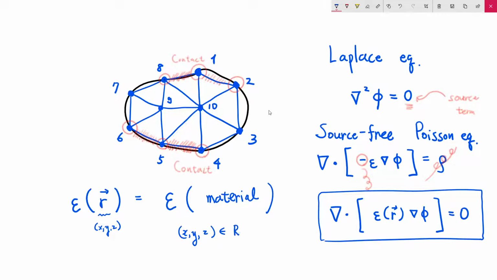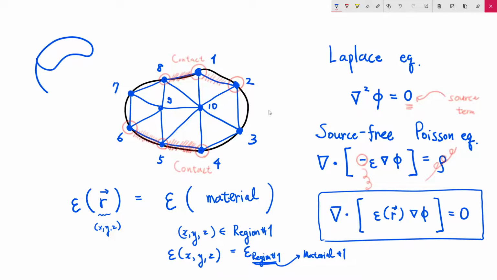So, if a certain position x, y, z belongs to a certain region number 1, then epsilon at x, y, z will be the epsilon of region number 1. And if region number 1 has a certain material, then we will have the epsilon value of that material. So simply speaking, let's think about this form.